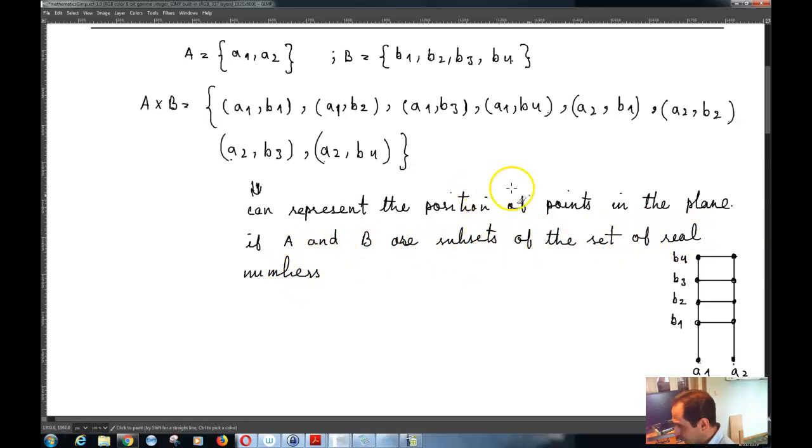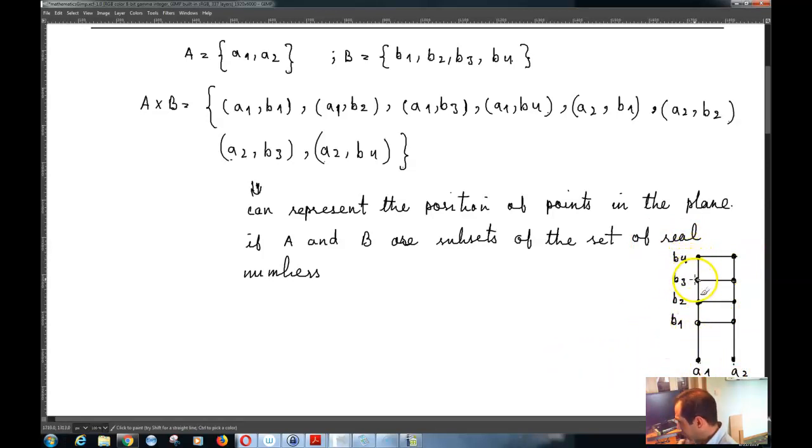And of course, logically you know that the point in position A1, B2, for example, would be this point over here. The position of this point would be distinct from the position of the point B2, A1. B2, A1 would be, of course, some other point if you took this the other way around.